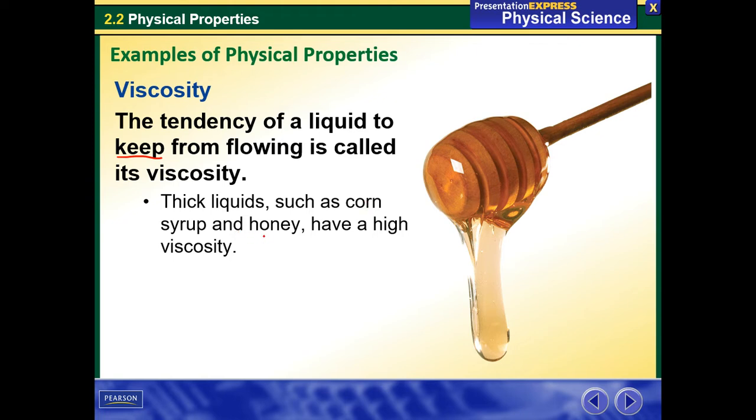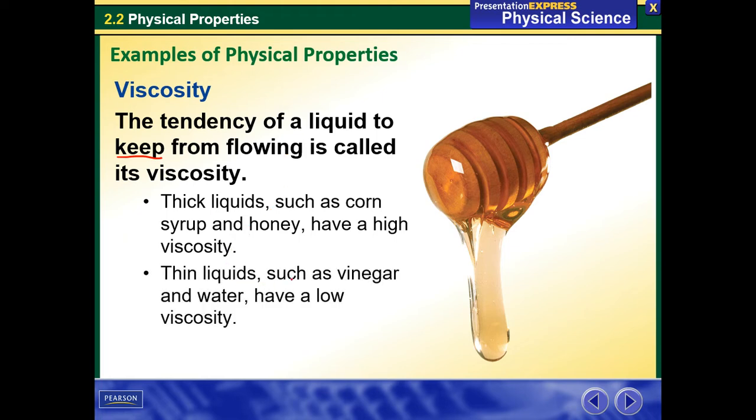If you've ever tipped a bottle upside down, these come out of the bottle very slowly because they don't want to flow. Thin liquids, things like water and vinegar, have a low viscosity, which means if you try to pour them out of a cup, they're going to come out pretty quickly because they're going to want to flow and move.